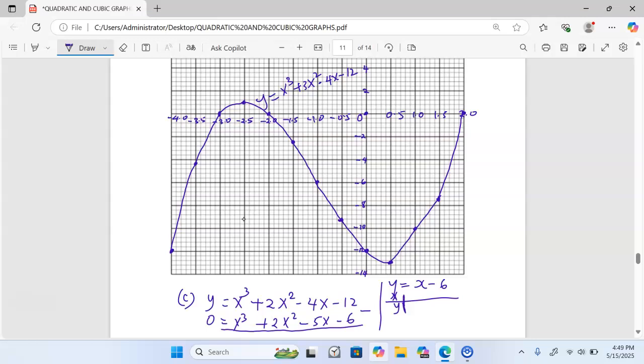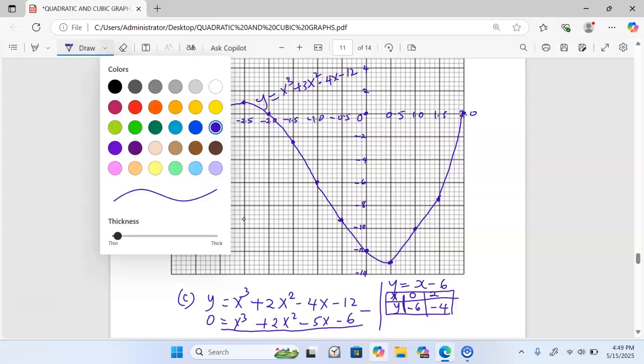When x is 0, for example, y is going to be negative 6. And if we assume the value of x to be 2, then the value of y is going to be negative 4. These 2 points are enough for us to draw the line.